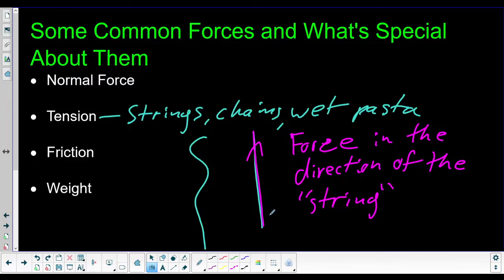You can't have a string this direction that pulls something that direction, right? Strings don't push, they pull, right? When you pull up, they pull up. So they're always going to be parallel to the physical object that is applying that force.